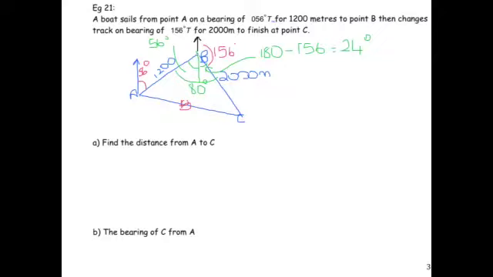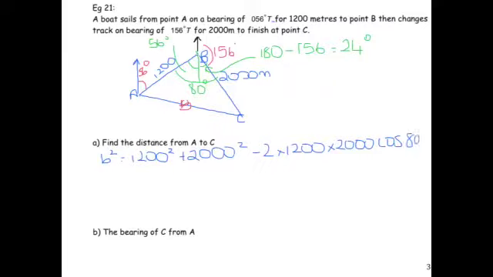So now we know our angle, we can use the cosine rule to work out b. So the cosine rule is b squared equals 1200 squared plus 2000 squared, take away 2 times 1200 times 2000 cos 80 degrees.